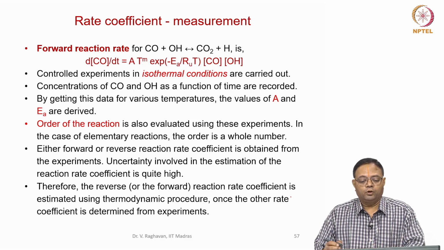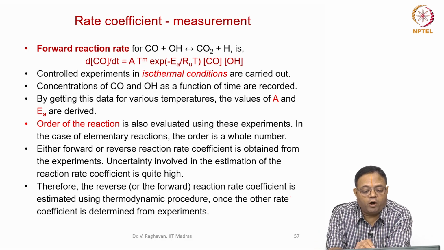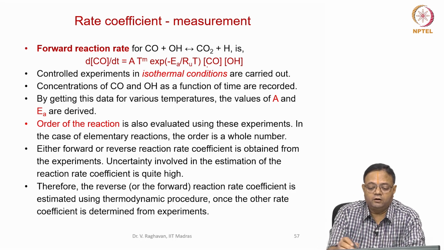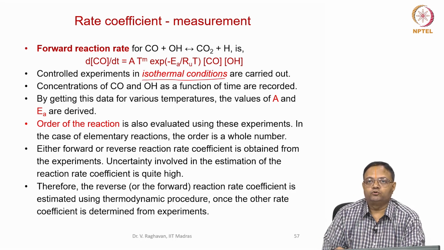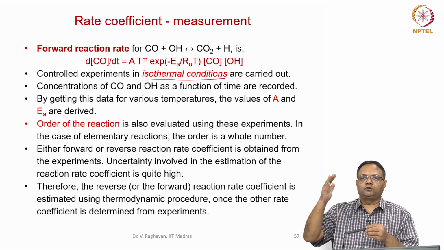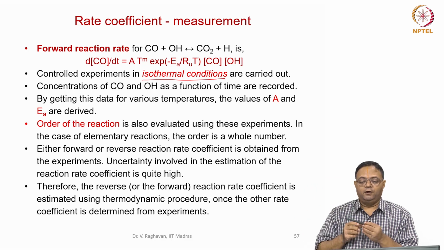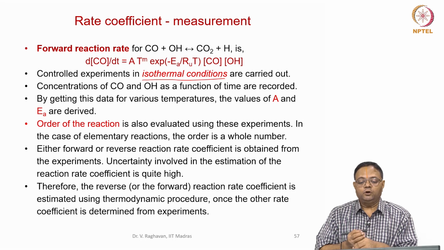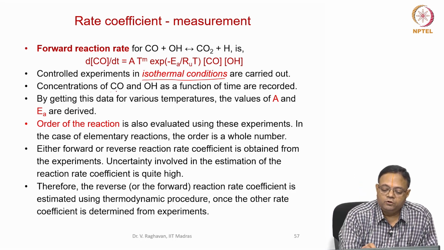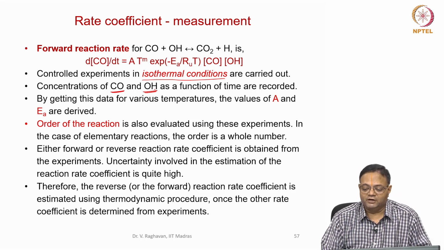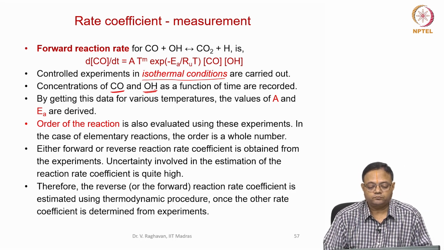Okay, now the forward reaction rate is written like this, as I told. Now, controlled experiments are done in isothermal conditions. So I have a chamber maintained at a given temperature, say 800 Kelvin, 900 Kelvin, 1000, 2000 Kelvin, etc. I put the reactants in this and try to ignite it, and the concentrations of the reactants CO and OH are measured as a function of time.